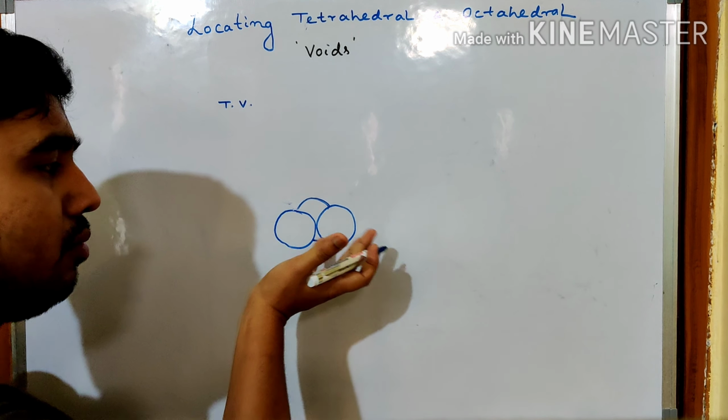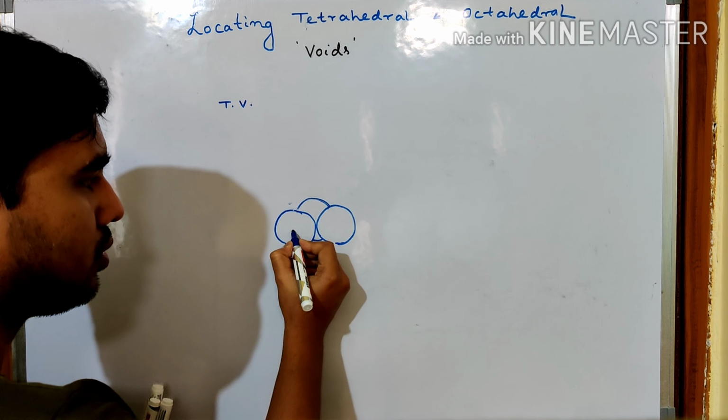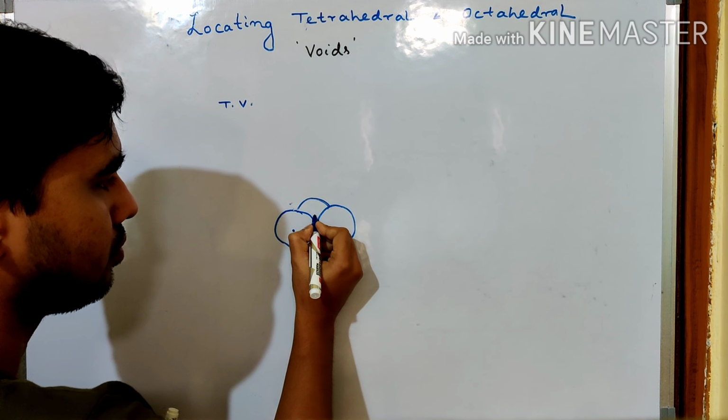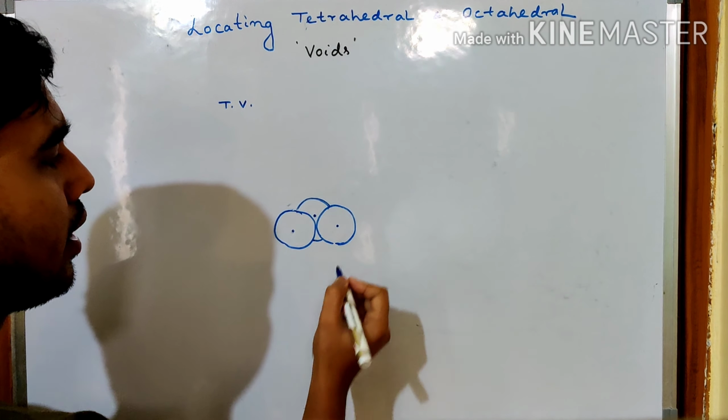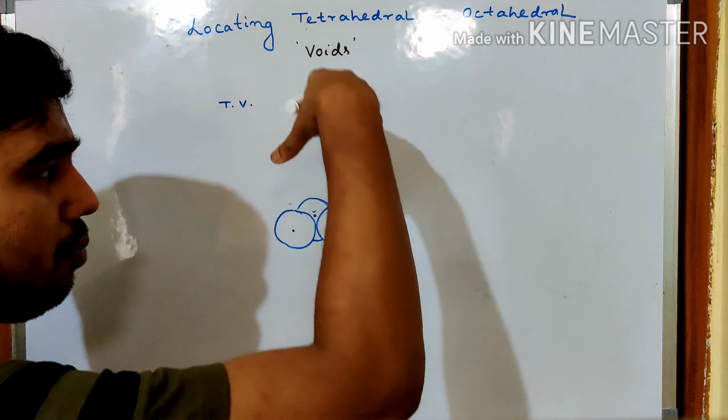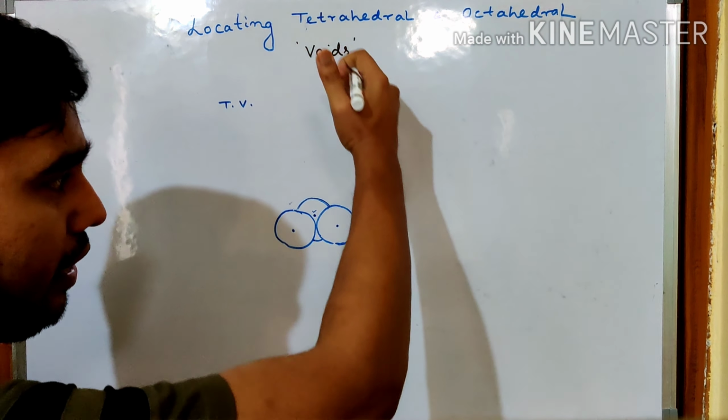So there are 3 atoms in one layer. Suppose these are the centers. And in this position, suppose another atom I am just placing from above it.